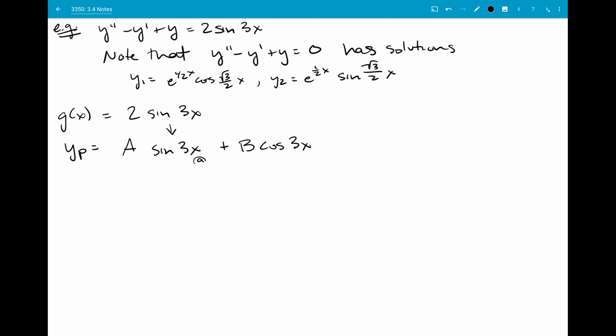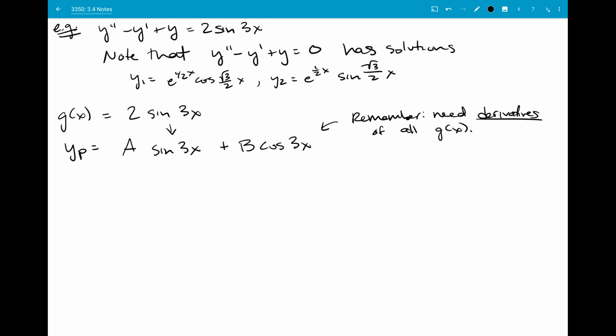So this was from part a, and this is from part b. Once you've done this, you've built the shape of y sub p that works for this problem. Let's make a note to ourselves. Remember, we need derivatives of all g of x. In this case, the derivative of sine is cosine.